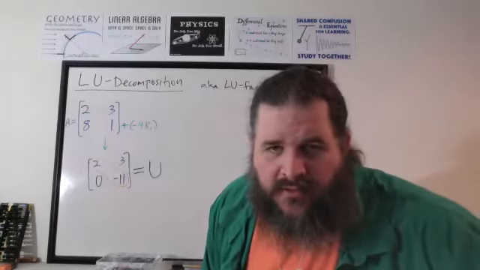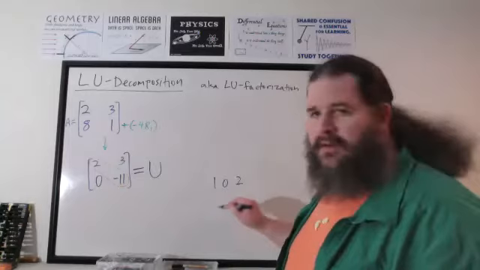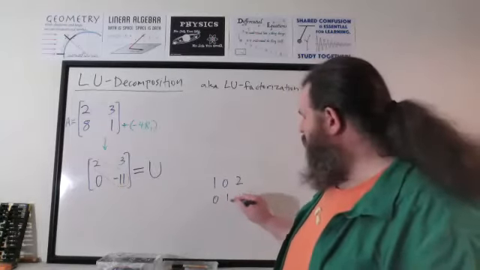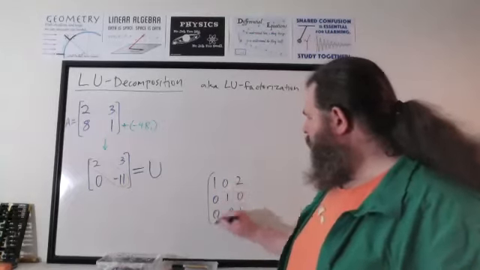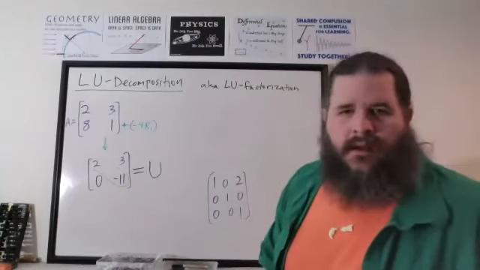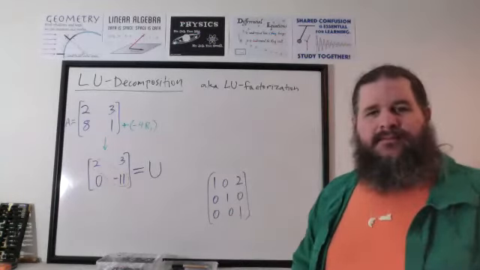Let me write 1, 0, 2, 0, 1, 0, 0, 0, 1. Would you say this matrix has all zeros in what region?